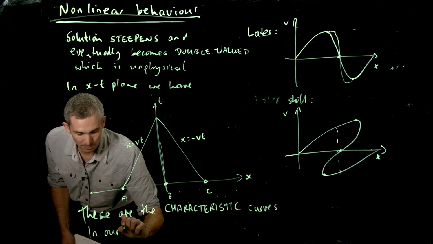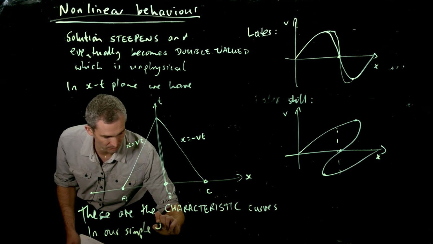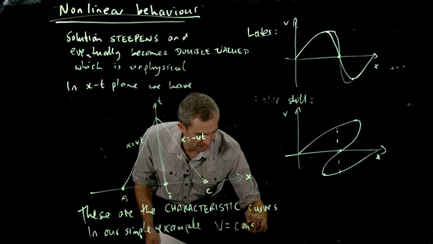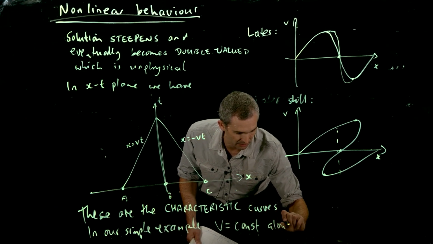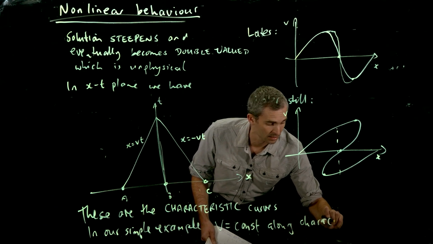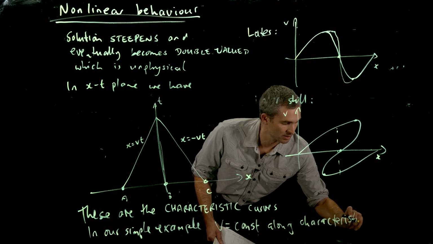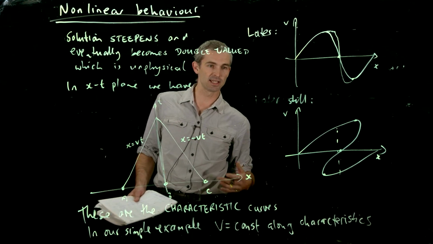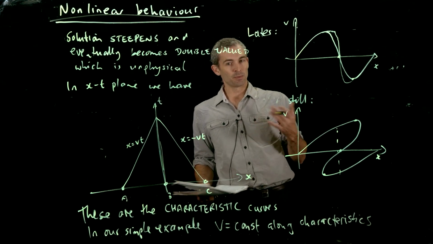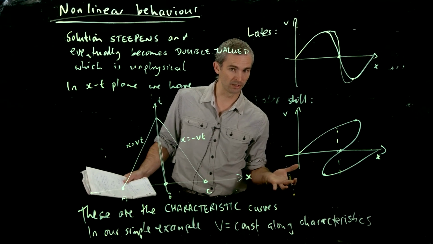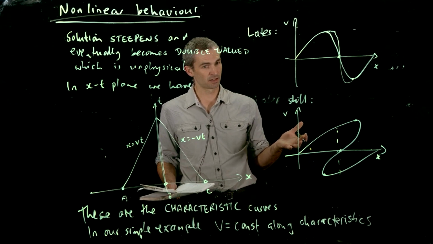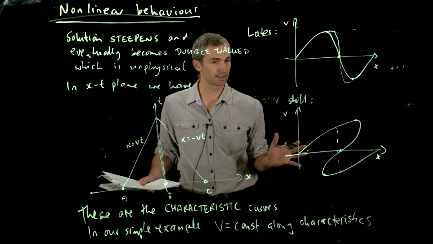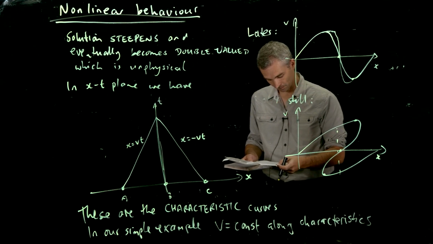In our simple example, velocity is constant along characteristics. Another way of putting that is that the characteristics of Burgers' equation are the lines v equals constant. And you've already got a bit of a clue that for the full fluid equations, the solutions are going to be v plus the sound speed or v minus the sound speed.